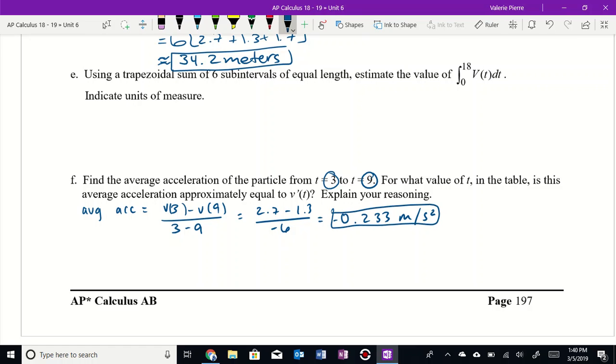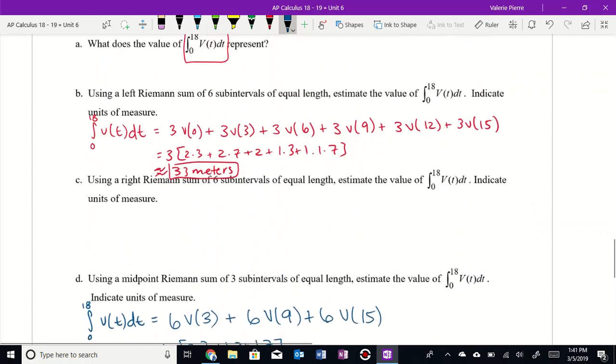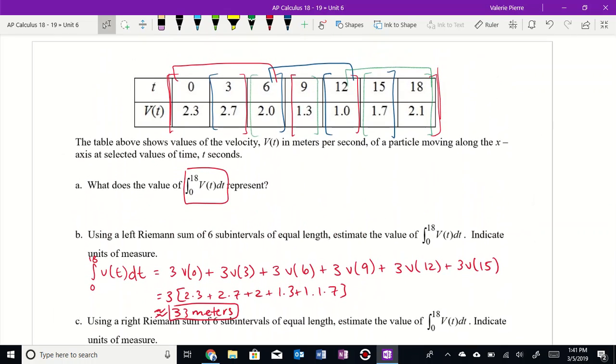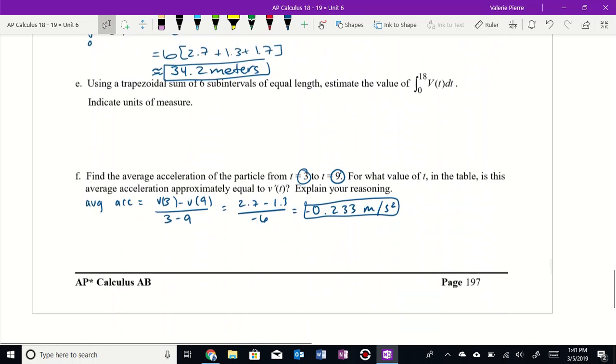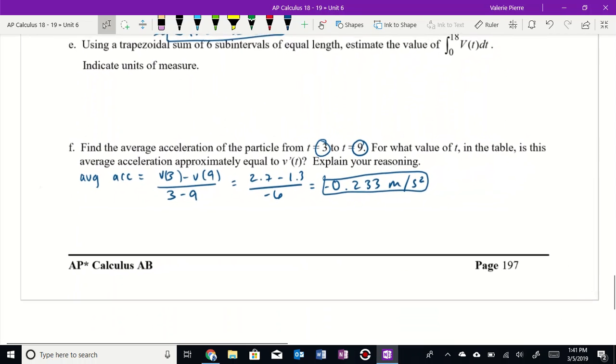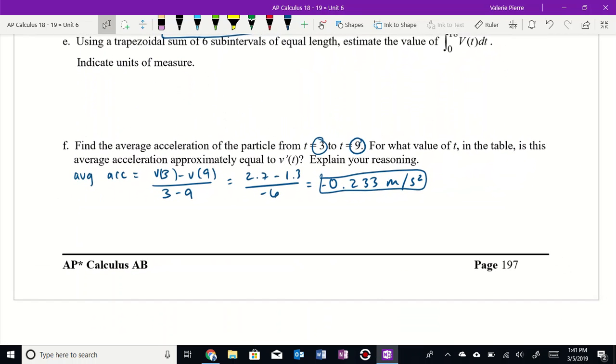Now the question is, is this average acceleration approximately equal to v prime of t? This problem gives us velocity in meters per second. We are led to assume that on the interval from 3 to 9, our velocity equation is both continuous and differentiable.